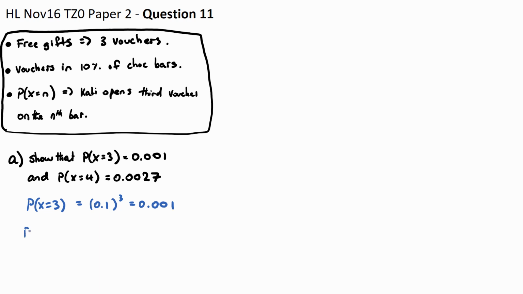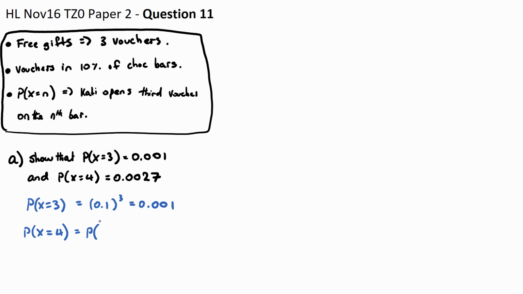Okay, now the probability that she gets it on her 4th one, it's a little bit more complicated. This could happen a few different ways. It means that she's going to get 3 out of the 4, but she will get it on her 4th go. So I will state the probabilities there.